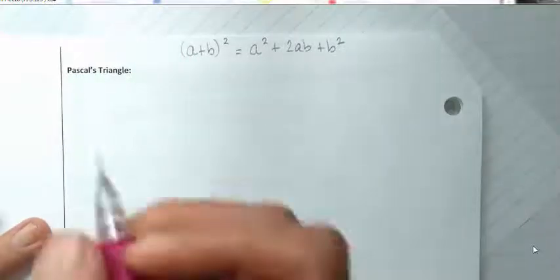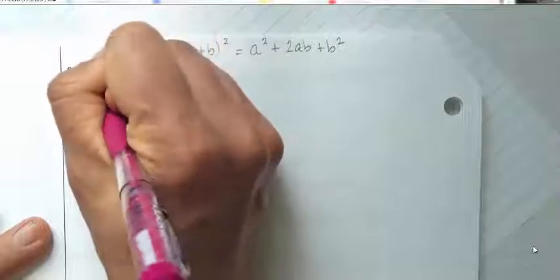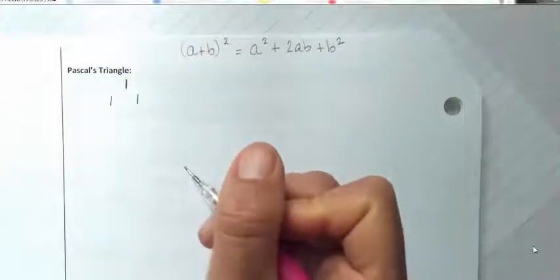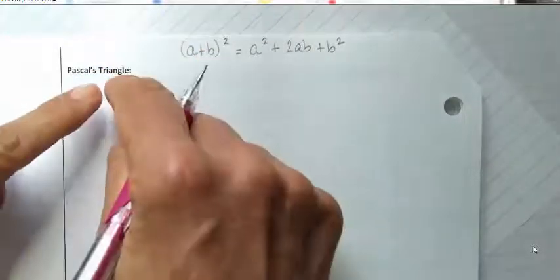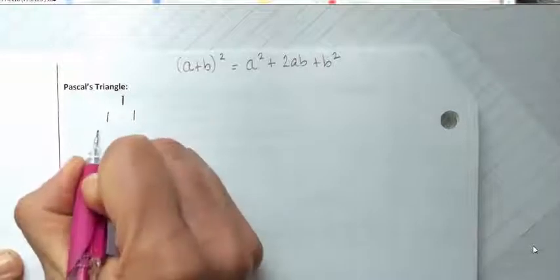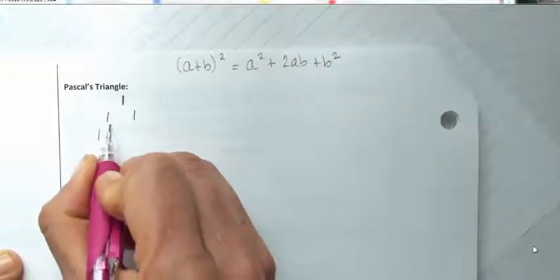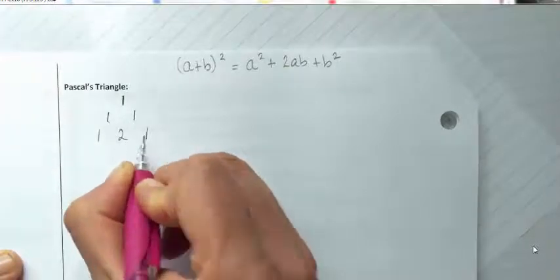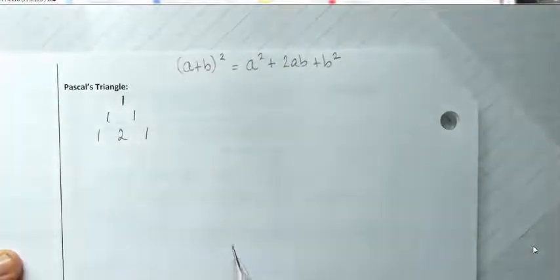All right, so Pascal's triangle looks like this. It basically starts at the top with a 1, and then you start building this pyramid of 1s on the outside. So I'm going to go down again. Now, anytime I'm in between two numbers, I sum those two numbers. I'm going to keep going.